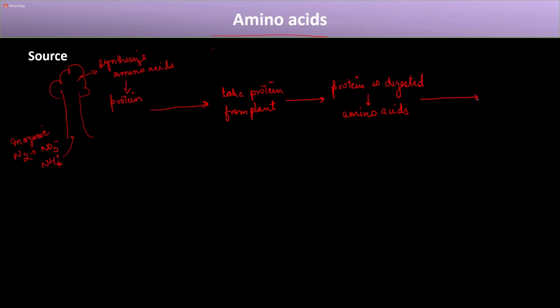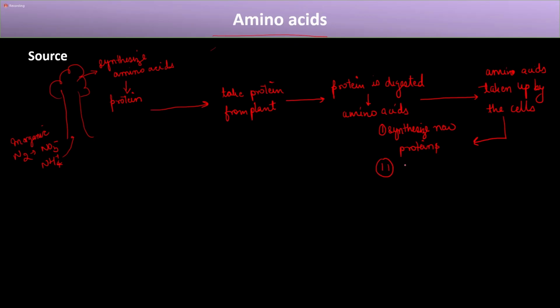These amino acids are now taken up by the cells. And what do the cells do? The cell utilizes these amino acids and synthesizes new proteins, or secondly, synthesizes new amino acids.